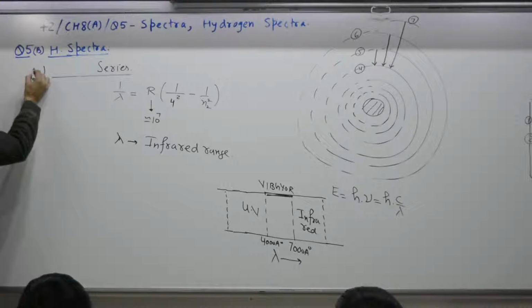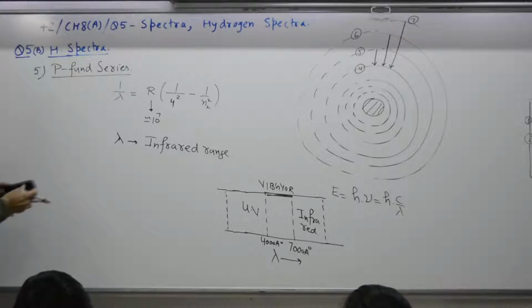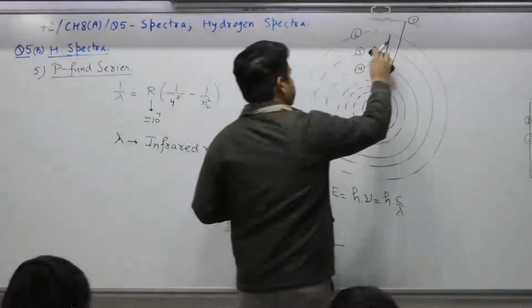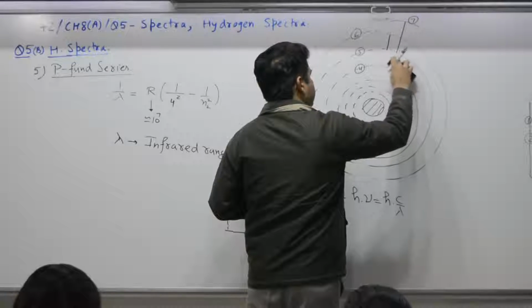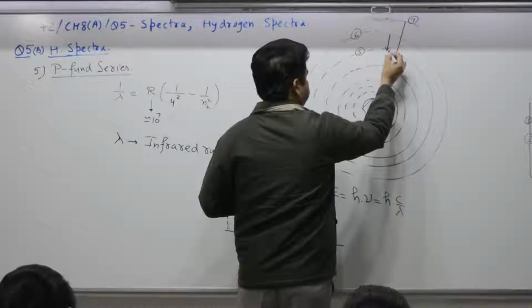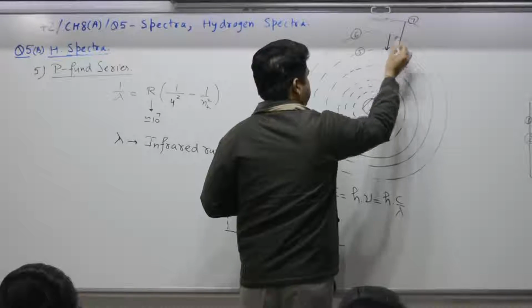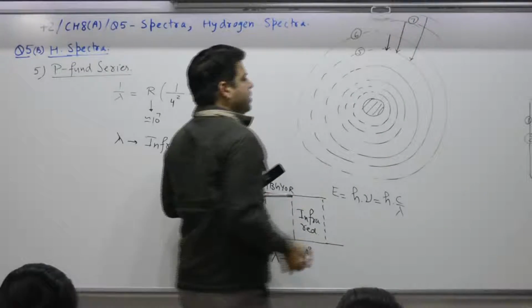Fifth is what? The Pfund series. Jump is to which level? Fifth. Jump is to the fifth orbit. Sixth to fifth, seven to fifth, 8 to fifth, up to infinity.